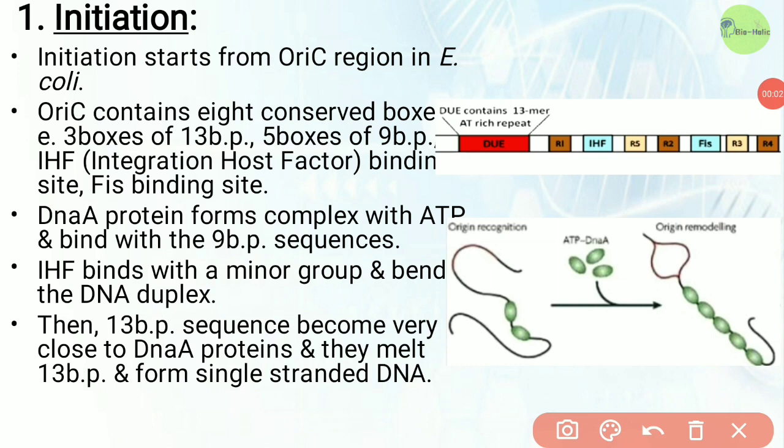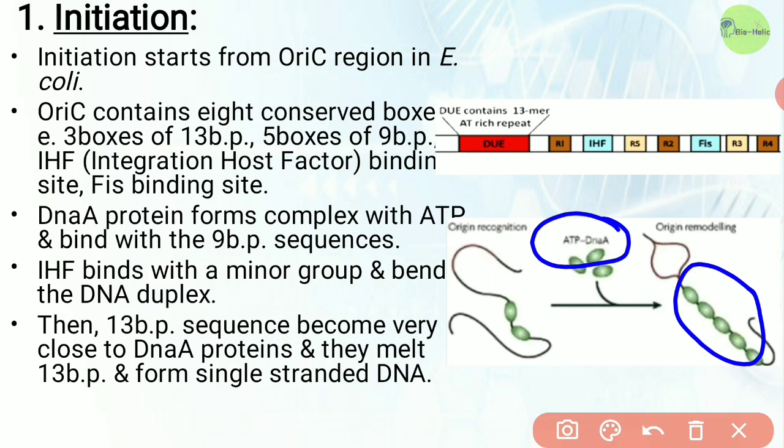And now DnaA, which is an initiator protein for DNA replication in prokaryotes, is always searching for the OriC region, but it cannot bind with it until a high concentration of ATP comes and forms a complex with DnaA. And then the DnaA-ATP complex binds with the 9 base pair sequences or 9-mers. That means the R1, M box, R2, R3 and R4 boxes.